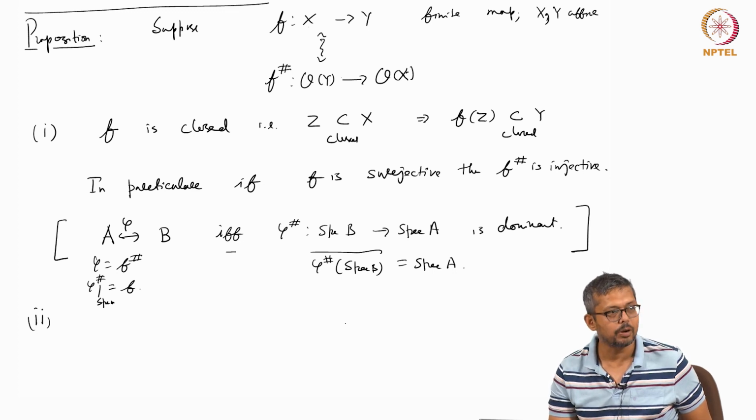Points of the variety and maximal ideals correspond by the Hilbert Nullstellensatz over an algebraically closed field.